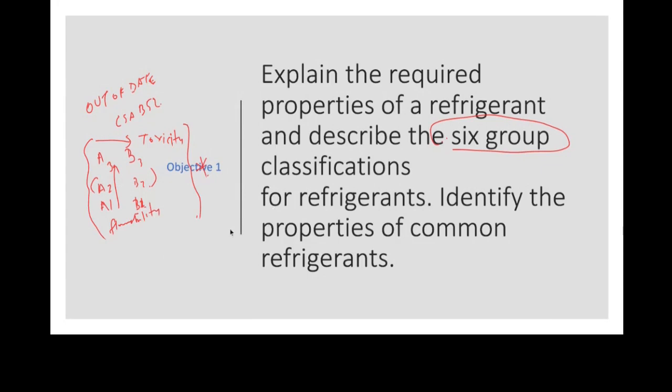Then there's other things that we're concerned about with the refrigerants. For example, miscibility. Miscibility refers to when one liquid is soluble in another. So it's basically the solubility of two liquids. Well, we have a refrigerant in its liquid state, and we've got some lube oil in the crankcase of our compressor.